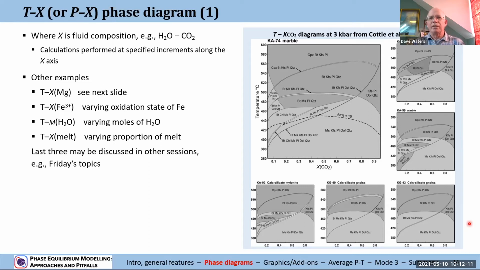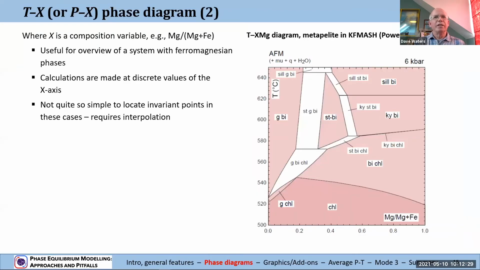So you can use this for carbonate rocks, and this particular example is for marbles and calc-silicate rocks and some assemblages from the Himalayas, from a paper published a decade or so ago. And so volatile mixtures are one thing you can use as an X coordinate.